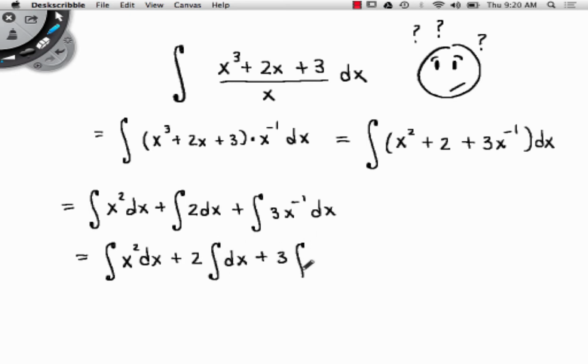And that's the same as 1 over x. Yeah, I'll put that back down there. So 1 half x. Oh no, 1/3 x cubed. Yep. Plus c.